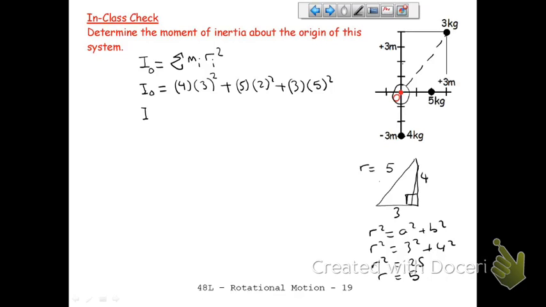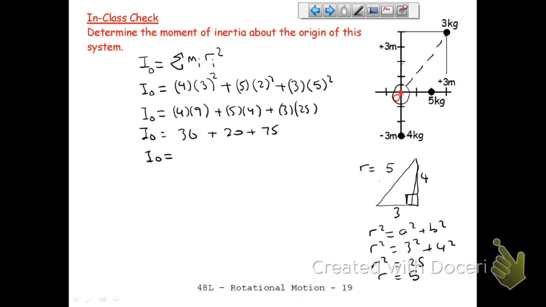Then I say, okay, I0 is equal to 3 3s are 9, so it's 4 times 9 plus 5 times 4 plus 3 times 25. Then I0 is equal to 3 9s are 27, 4 9s are 36, plus 20 plus 75. I0 is equal to 75, 95, 131.